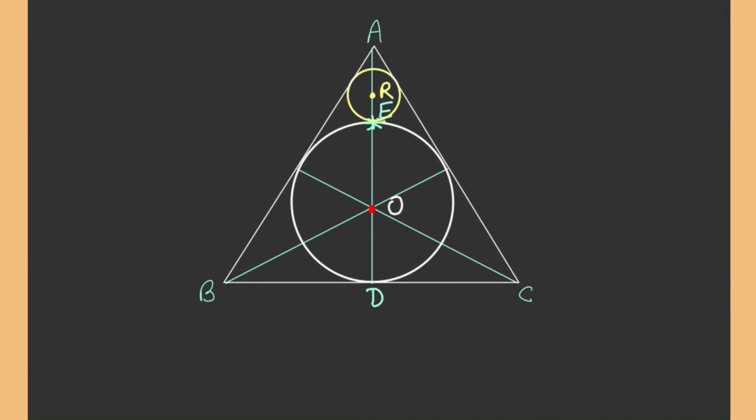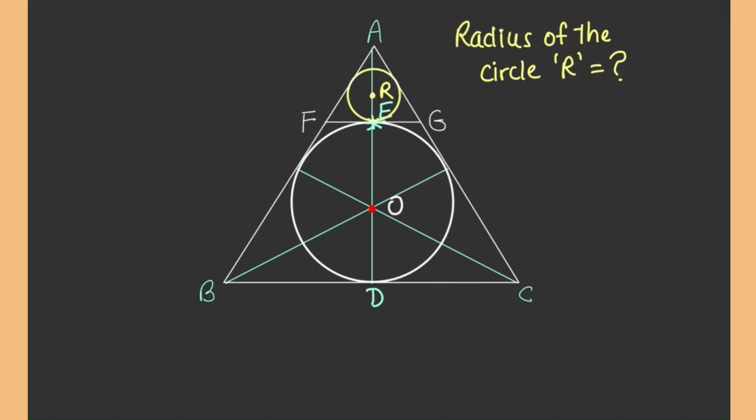We are going to move to what we're actually asked to solve for, and that is to find the radius of the circle R. To solve for it, let's draw a horizontal line that is parallel to BC and is tangent to both circle R and circle O. Let's label it FG, since E is already taken.